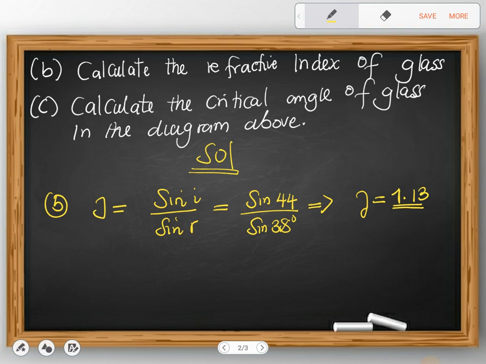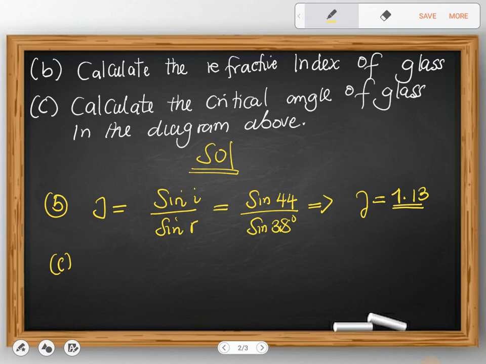Then C says the critical angle. Now, the relationship between the critical angle and the refractive index, we say they are reciprocals of one another. A critical angle is an angle of incidence whose angle of refraction is 90.